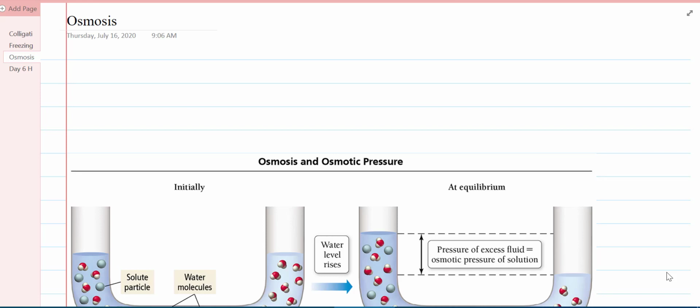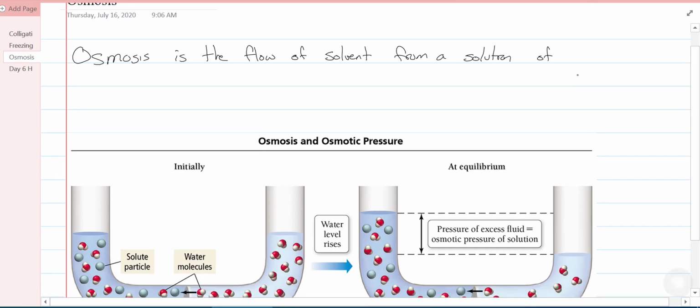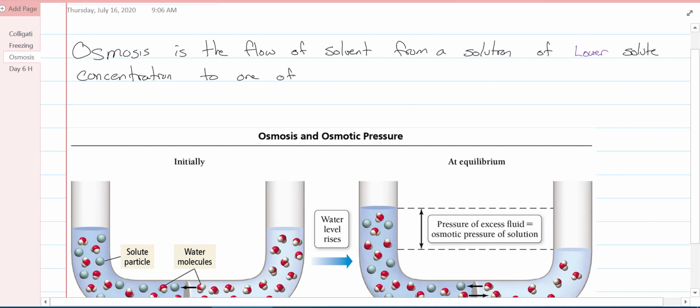So osmosis is the flow of solvent from a solution of lower solute concentration to one of higher solute concentration.